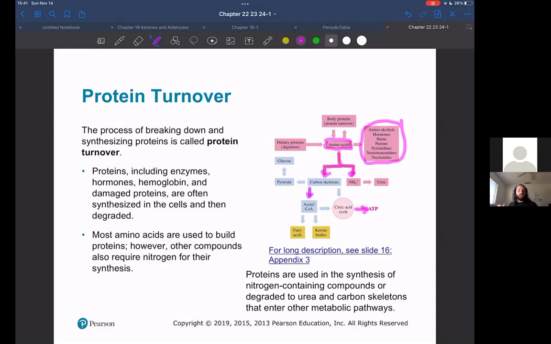The unfortunate byproduct of that is always going to be ammonium. And so what your body does is package that in urea, which will then get flushed out of your system in your urine. So protein metabolism, you can turn it into energy, but you have to deal with this toxic waste product, the ammonium ion, and your body does that by converting it to urea.